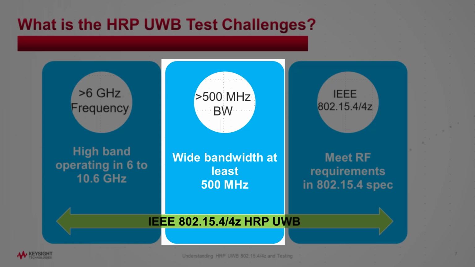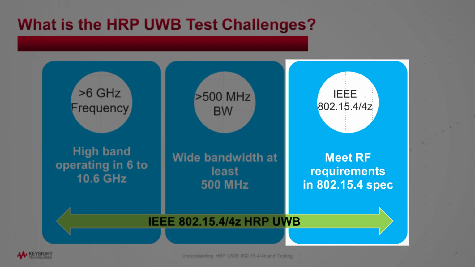HRP UWB transmitters or receivers must conform to the RF requirements defined in the 802.15.4 standard, in which their operating band, channel assignment, baseband impulse response, transmit mask, receiver maximum input power, LQI, CCA, etc. measurement definitions.